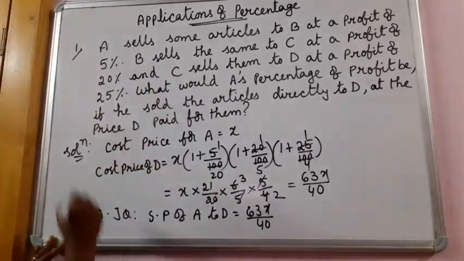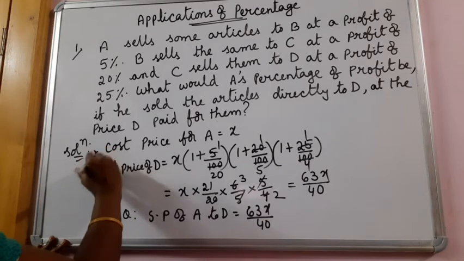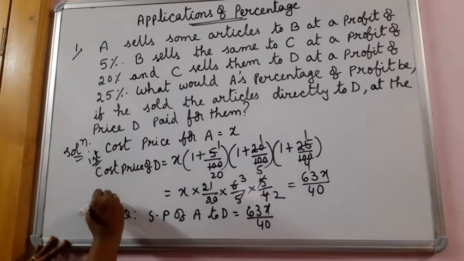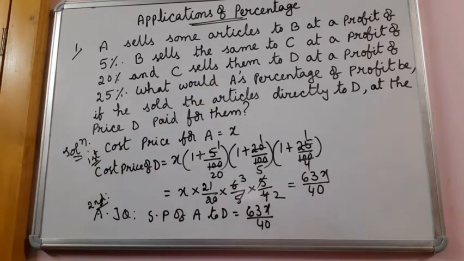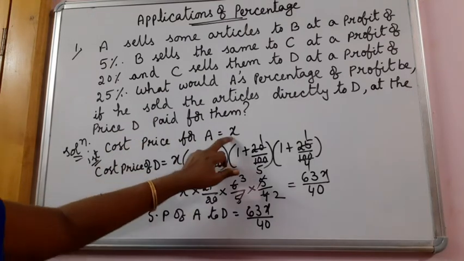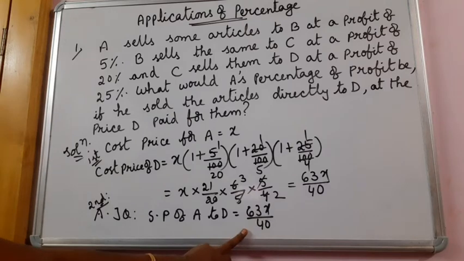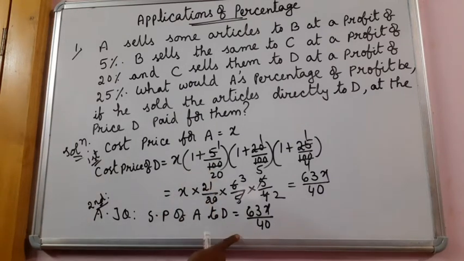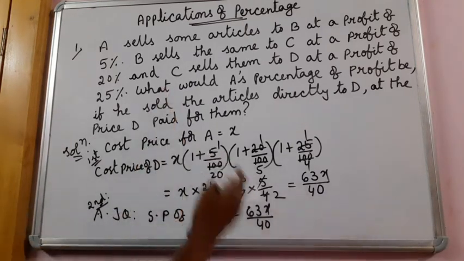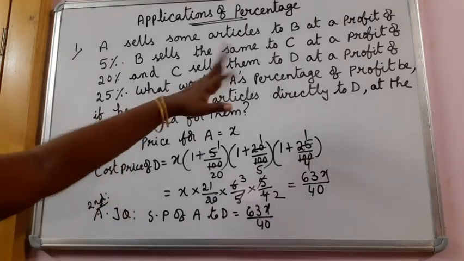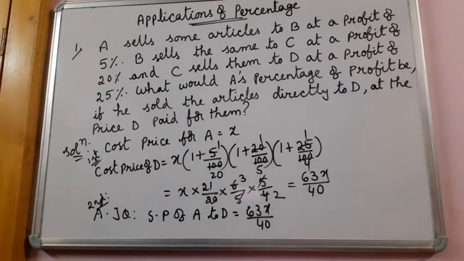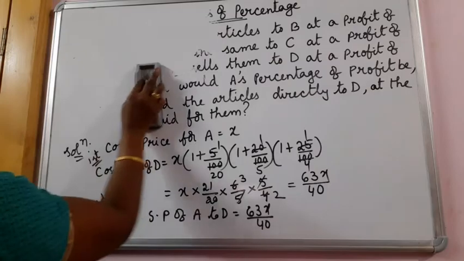So if the cost price of A is X, the selling price of A to D is this much, 63X by 40. What is A's profit, and with that we can find what is his profit percent. Let me do that here.